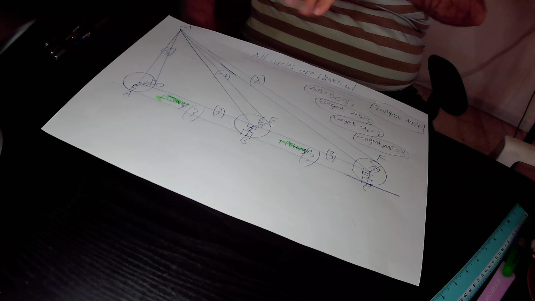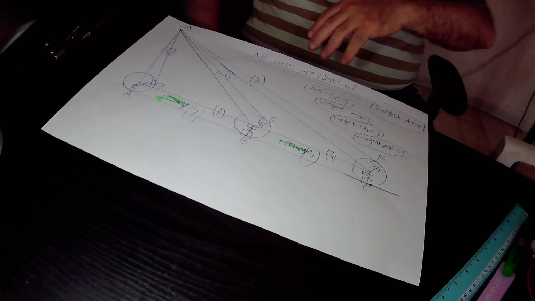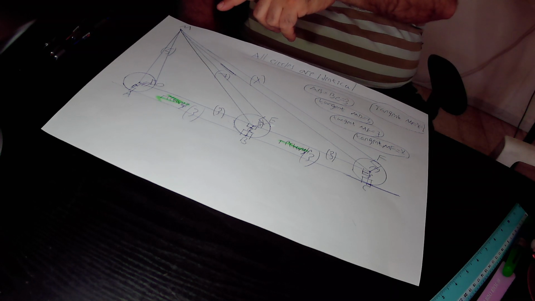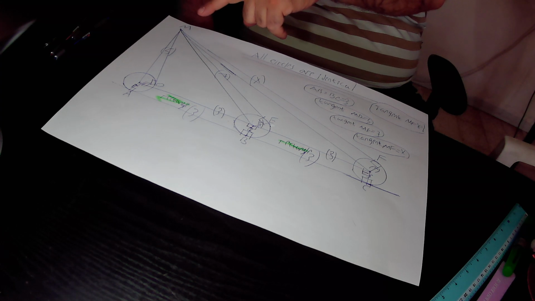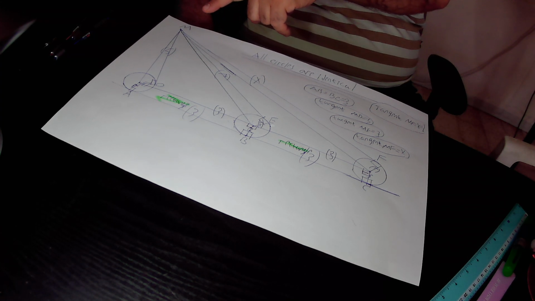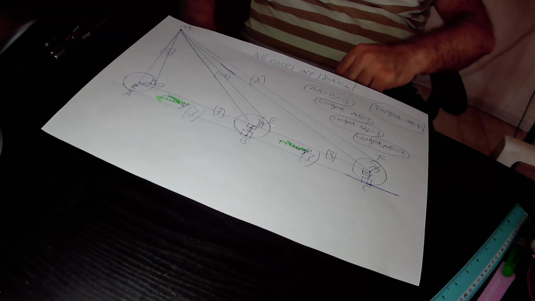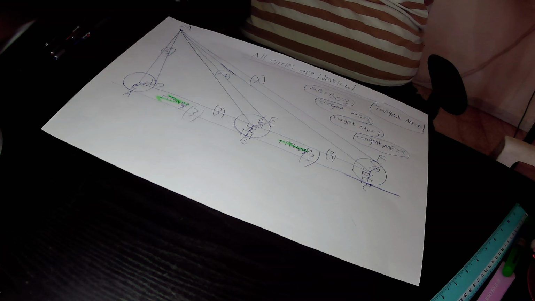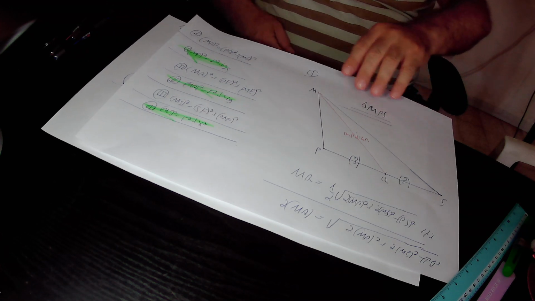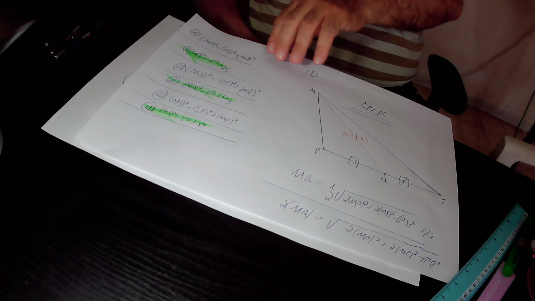In the next step, we implement the Pythagoras theorem on these three right triangles. According to the Pythagoras theorem, in this right triangle MPD, MP square equals 5 square plus R square. MP square equals 5 square, this is 25, plus R square.